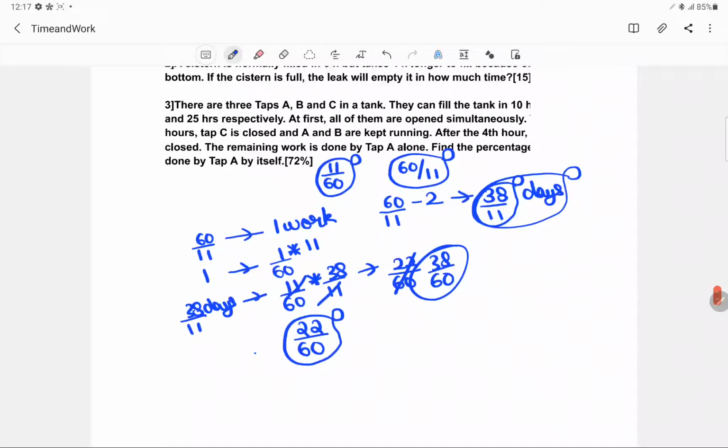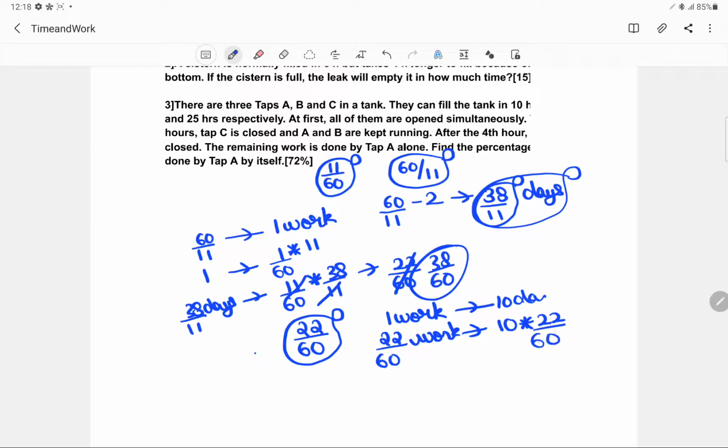Now who was left? Only A was left. Okay, so one work he was doing in 10 days. So 22 by 60 work, he will of course take lesser number of days, that is 10, and since the value is less than 1 and I feel that it should be divided, I will just multiply.